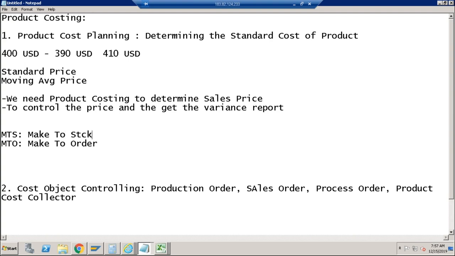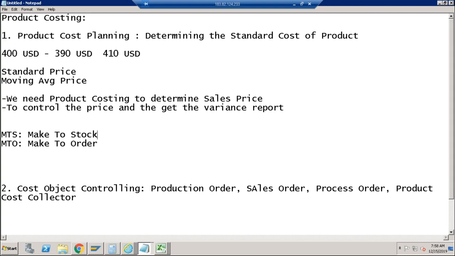Any idea what the difference is between make to order and make to stock? Yes, make to stock is the situation in which you don't have a confirmed order to sell the product. However, in MTO, you have an order booked by the customer and then you manufacture the particular product. Yes, MTO, you are 100% correct.